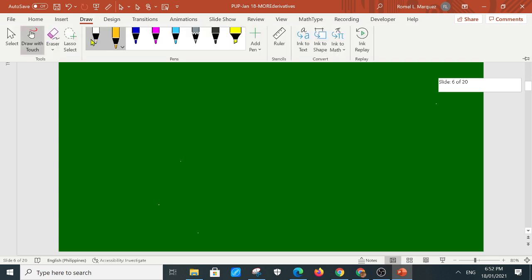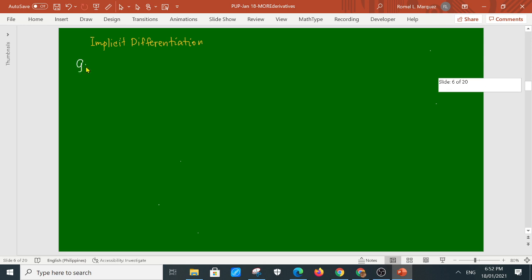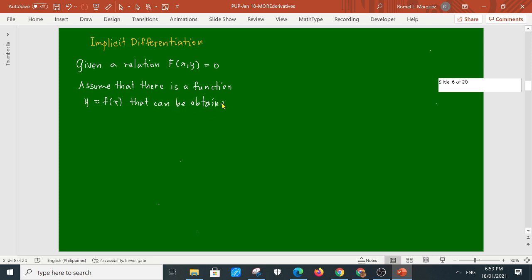So, how do we apply this? Given a relation, because this does not generally define a function, if you have an equation of the form f of x, y equal to 0, assume that there is a function of the form y equals f of x that can be obtained from f of x, y equal to 0.